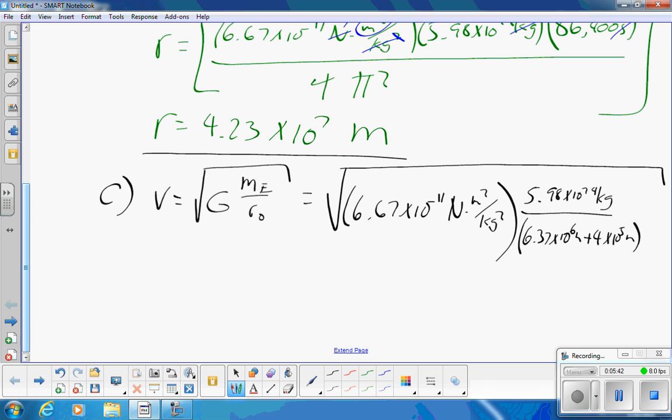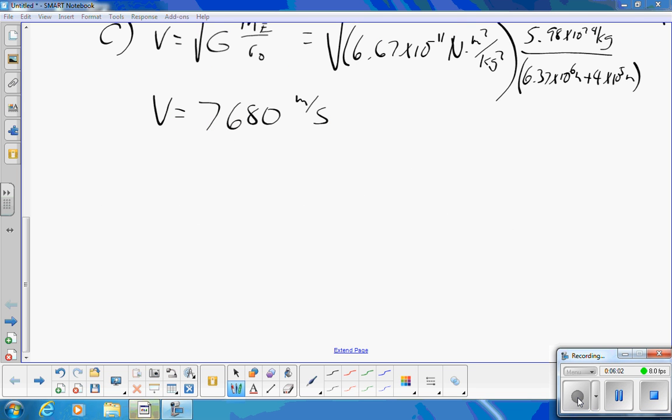Square root the whole thing, and that gives me a V of, and I will pause and do the calculation. And my friend on the calculator says the speed of this thing is 7680 meters per second. I'll round it to that. That's the speed in low Earth orbit.